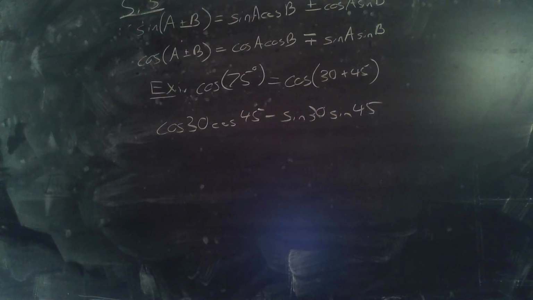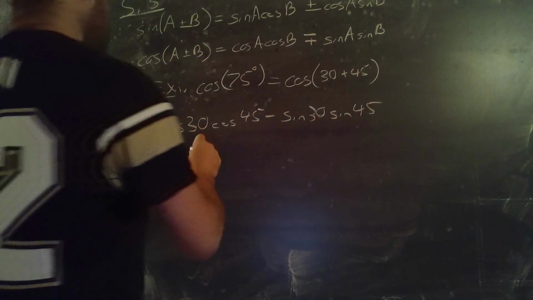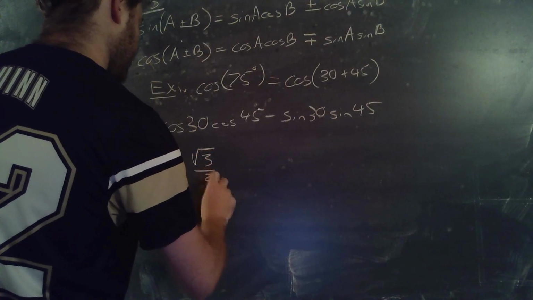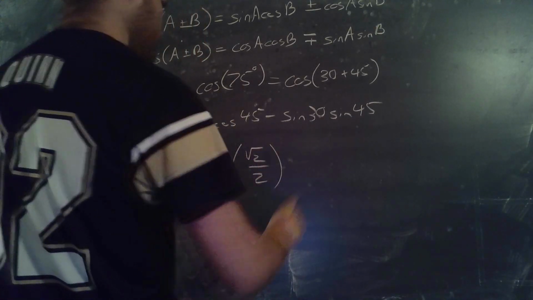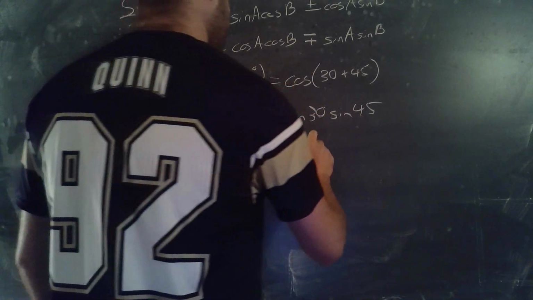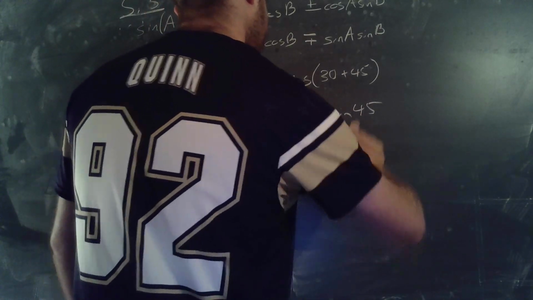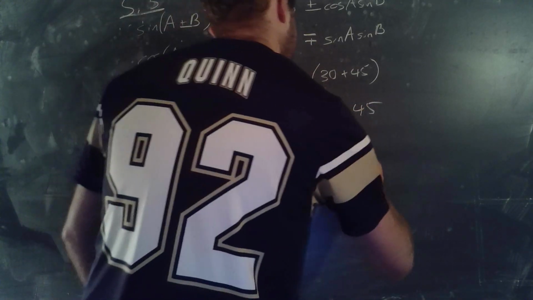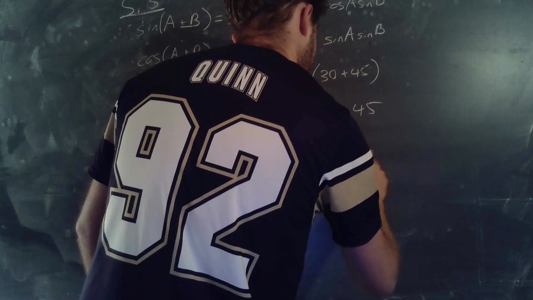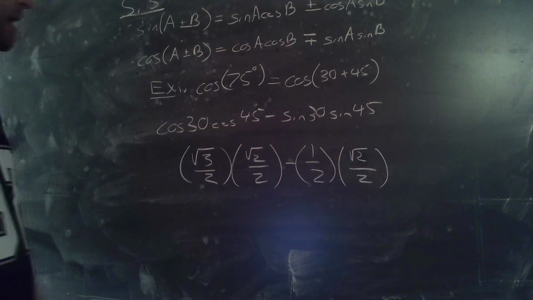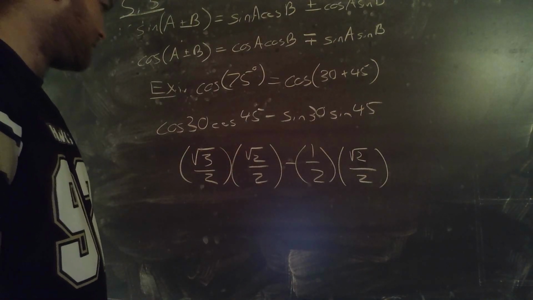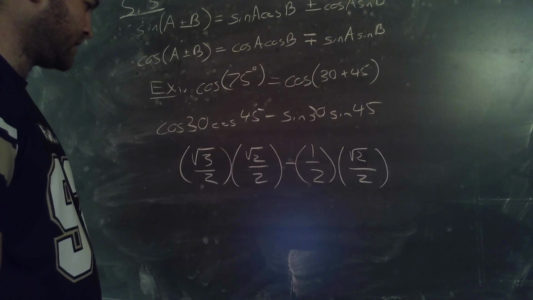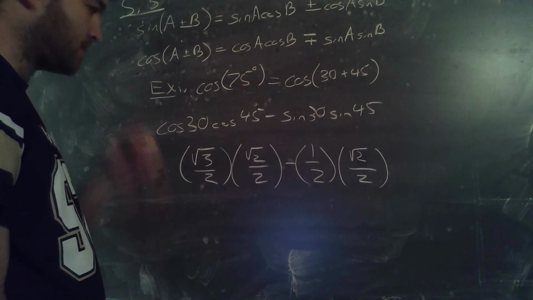But now we can just plug values from the unit circle in. The cosine of 30 is square root 3 over 2, and the cosine of 45 is square root 2 over 2, minus, then we'll have the sine of 30, which is half, times the sine of 45, which is square root 2 over 2. And notice that we have something very simple now. This will be square root of 6 over 4.